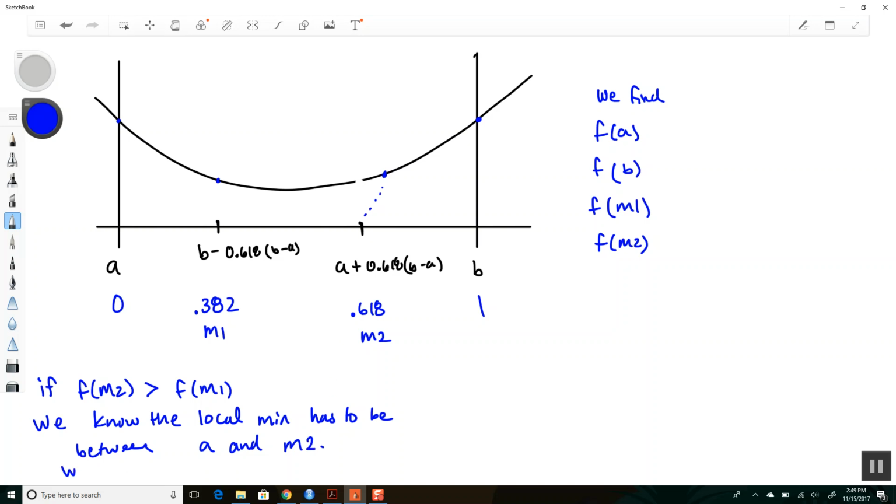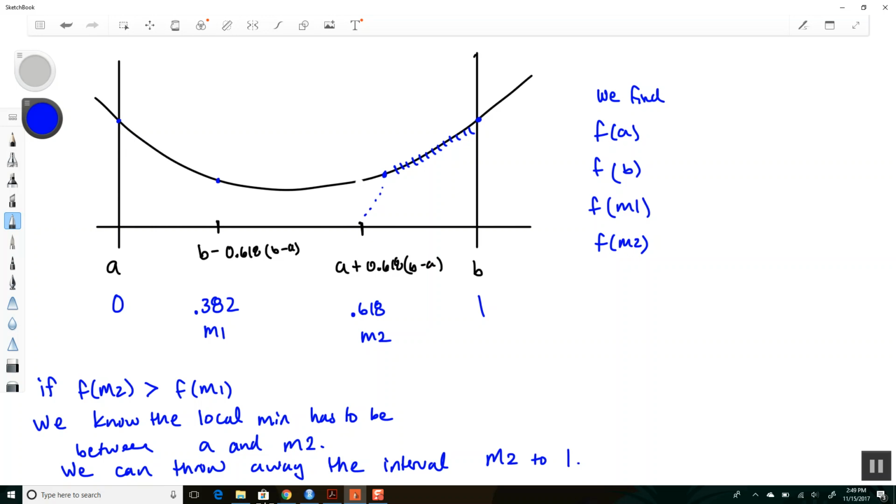Okay, and we can throw away the interval from M2 to 1. We know it can't be over there.